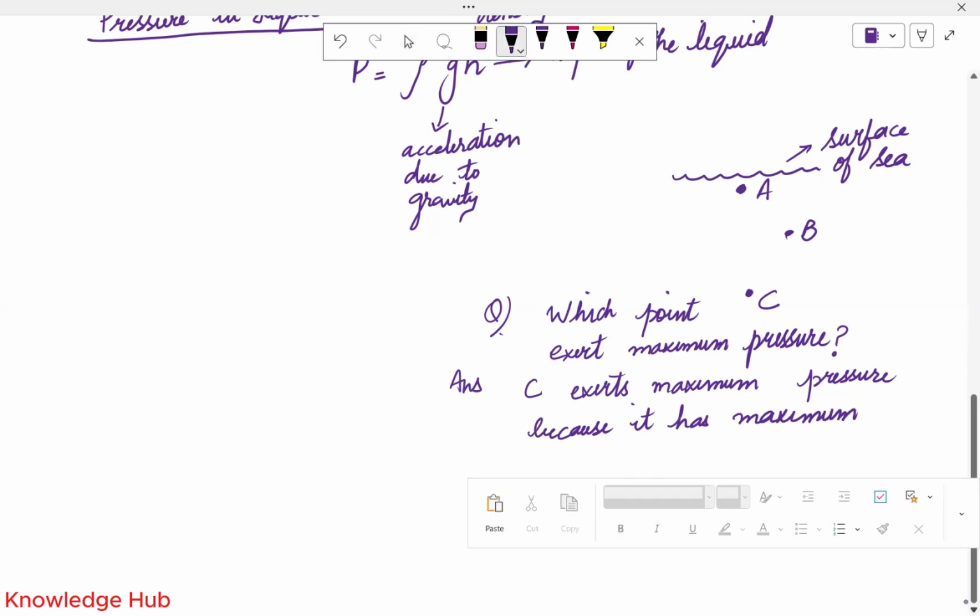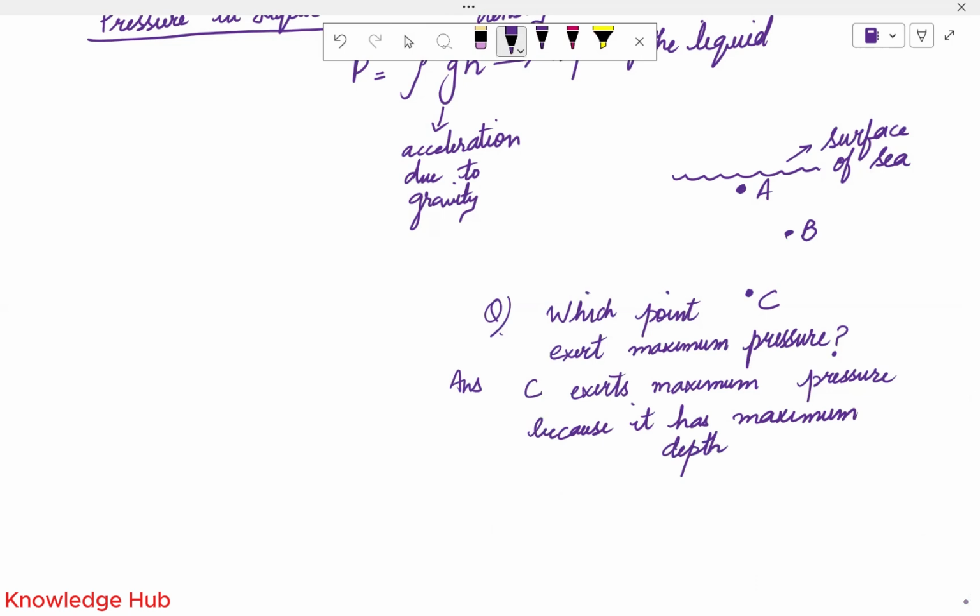So that is why point C is exerting maximum pressure.